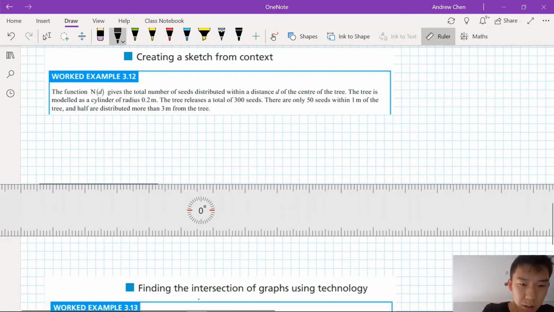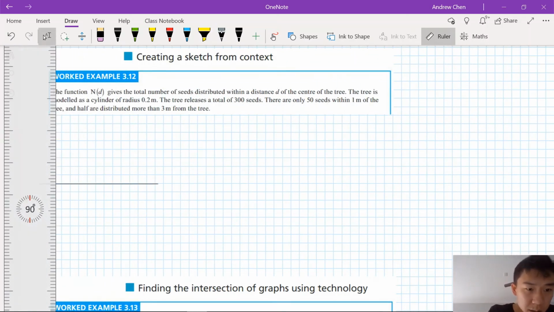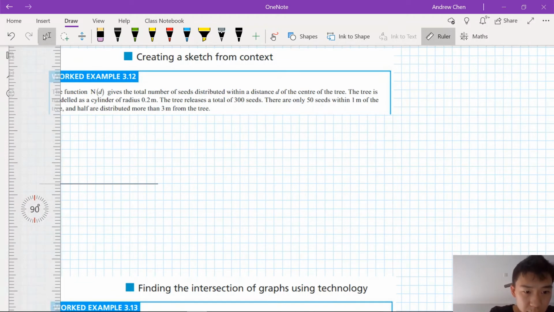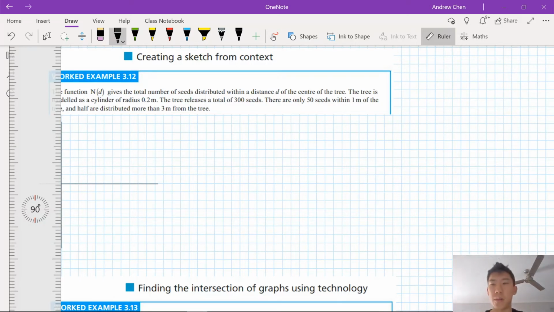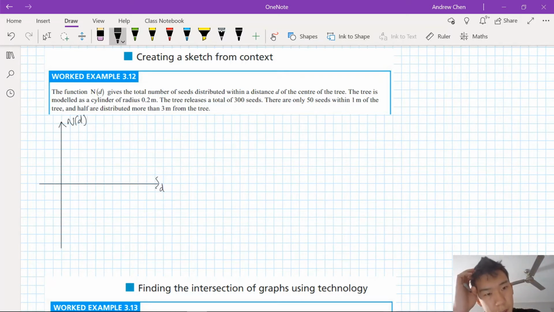So just have a think about that as I do this. My x-axis is going to be d, and my y-axis is n of d. So n of d stands for the number of seeds.